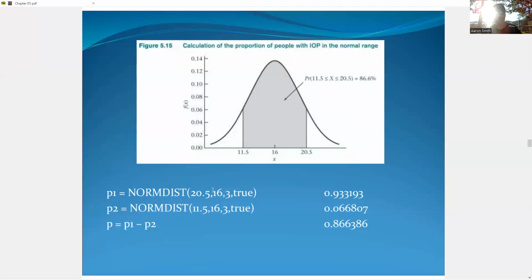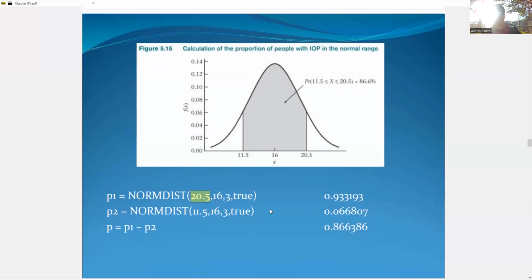And so here is just some example of what's going on. All right, so the probability of being less than or equal to 20.5 when the population average is 16 and the standard deviation is 3 is about 93%.